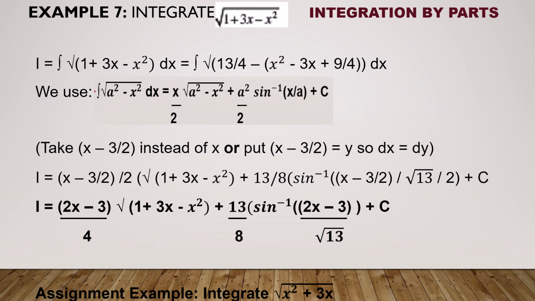The final answer after simplification, take care while simplifying, is 2x minus 3 upon 4 into root of 1 plus 3x minus x square, that is the original function, plus 13 by 8 into sine inverse of x by a. So x is x minus 3 by 2, so it is 2x minus 3. So sine inverse of 2x minus 3 upon root 13, plus c. This is the final answer.